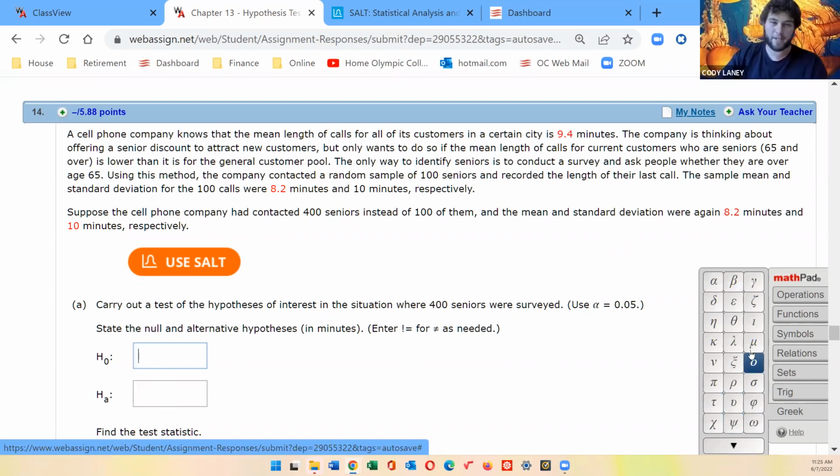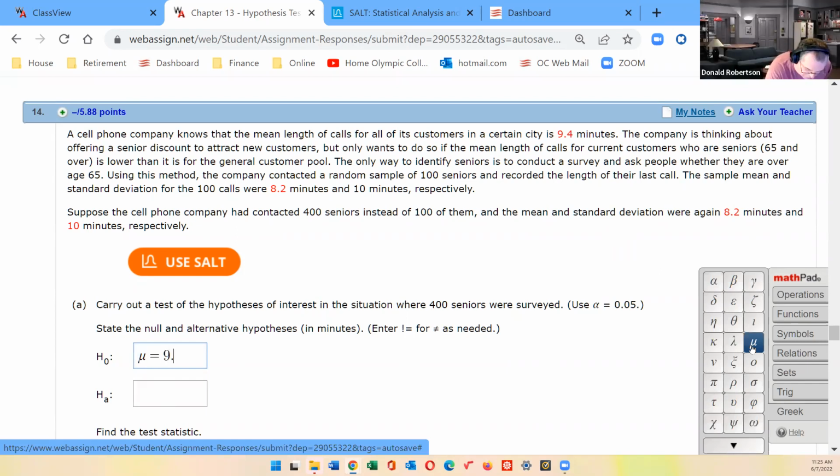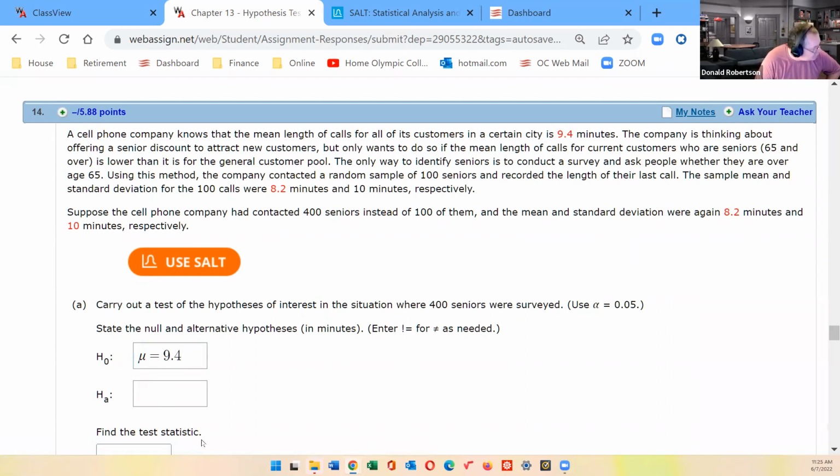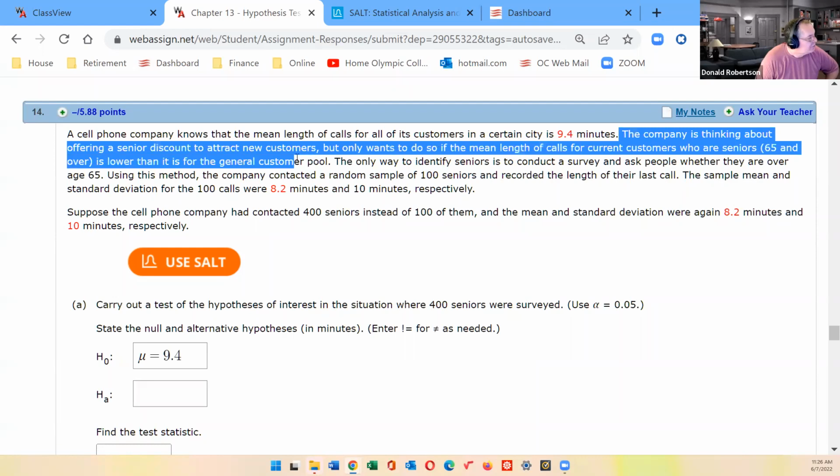Yeah, I had a hard time with that because on the bottom it says it changes. Well, we'll keep it as 9.4. Now I finally figured out that it was the original mean calls. Okay, gotcha. So you figured it out.